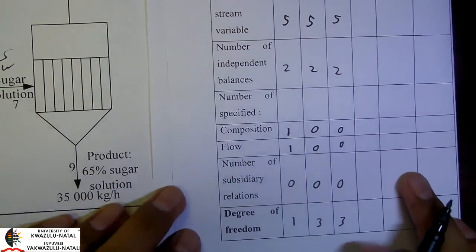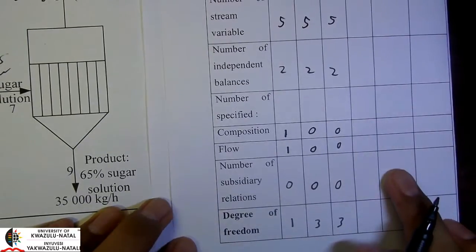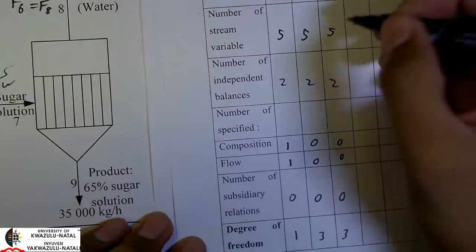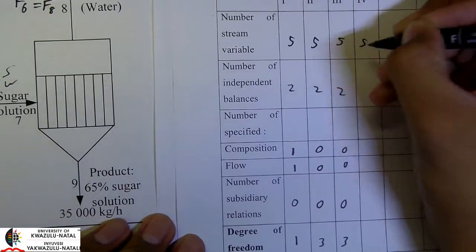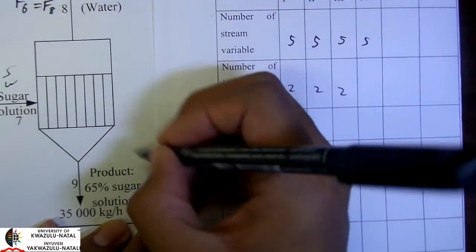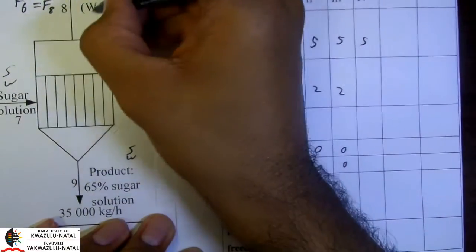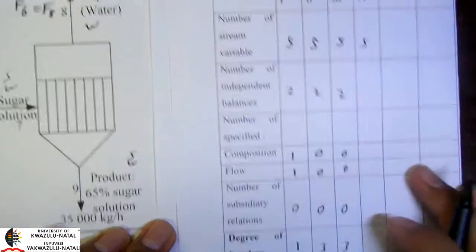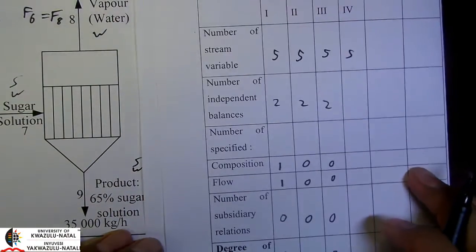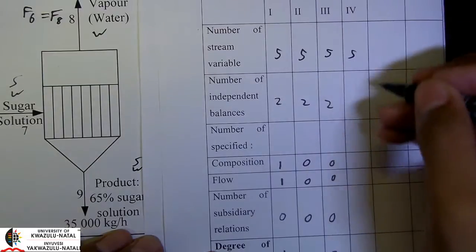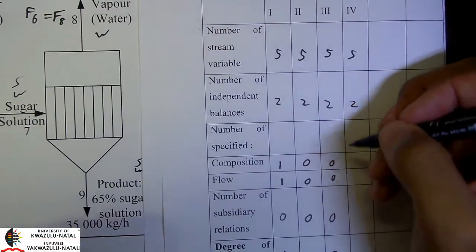Now on to our final unit. Once again 5 stream variables. Okay, that's sugar and water there, sugar and water here, and only water in stream 8. So that's 5. 2 balances.